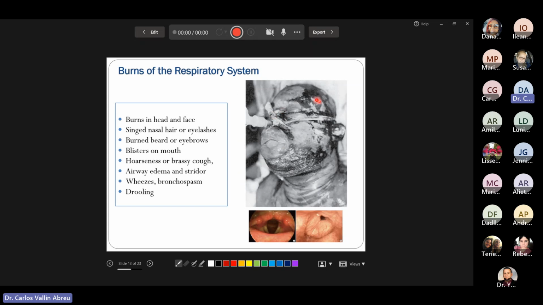Notice this client with facial burns had to be intubated through the nose because the mouth was so swollen that he couldn't be intubated. Now a tube is keeping this entrance open, and then the doctor, in a comfortable and secure way, can do a tracheostomy in this case to provide artificial ventilation.